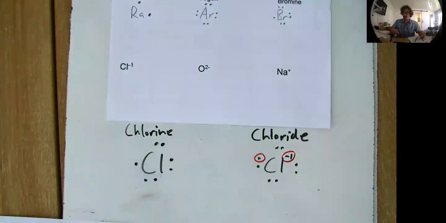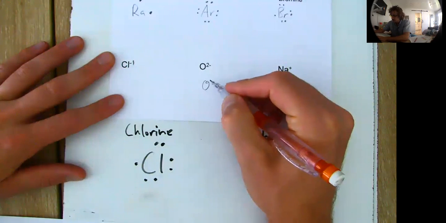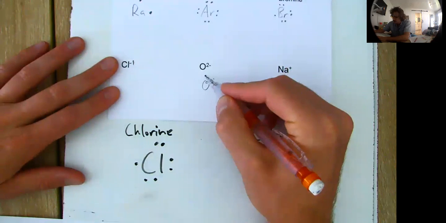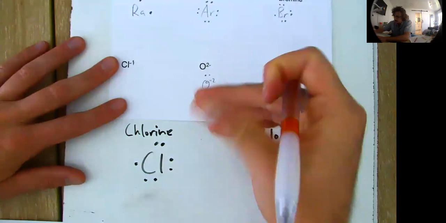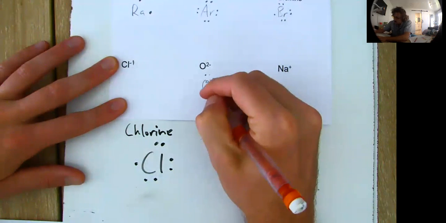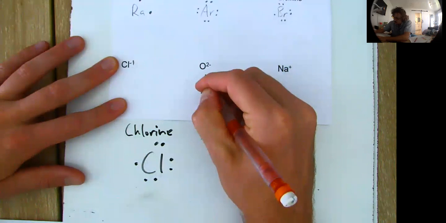Okay, so oxide ion. You may have guessed we have oxide with a little -2 or 2-, doesn't matter how you write it. And oxide has 8 valence electrons. 1, 2, 3, 4, 5, 6, 7, 8.